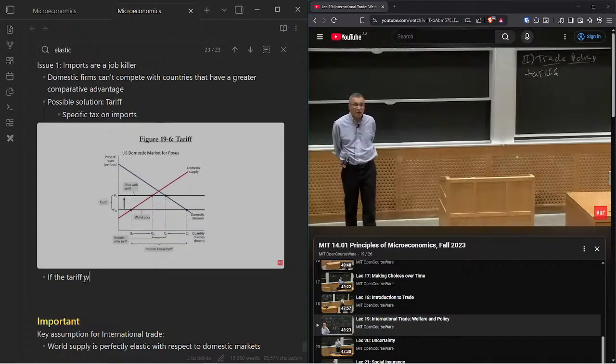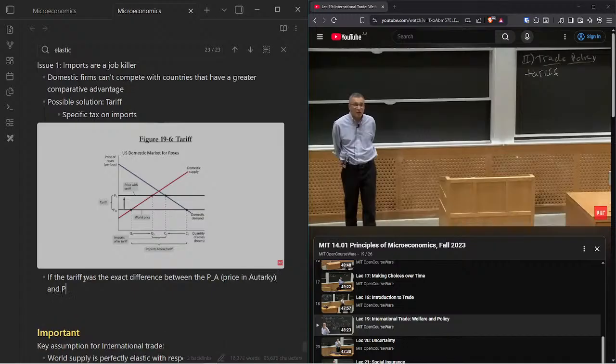The price between PA, the price in autarky, and PW, the world price with free trade.